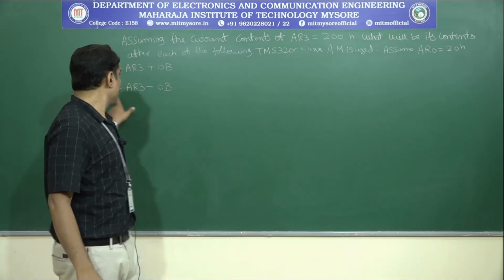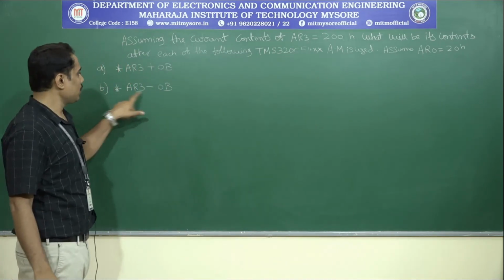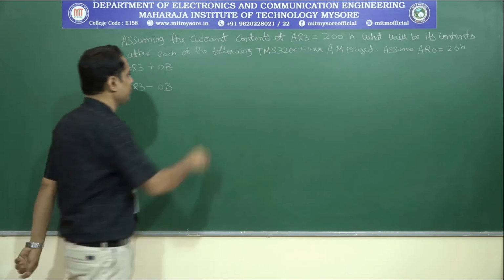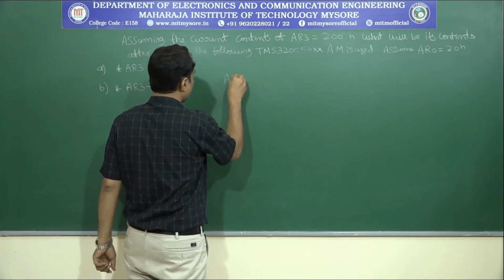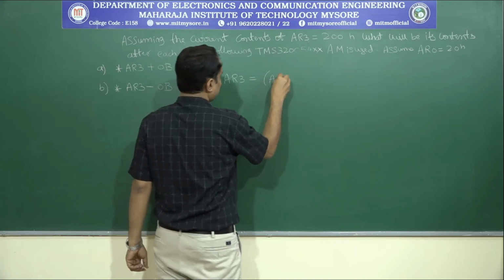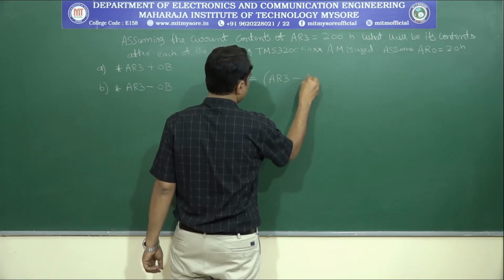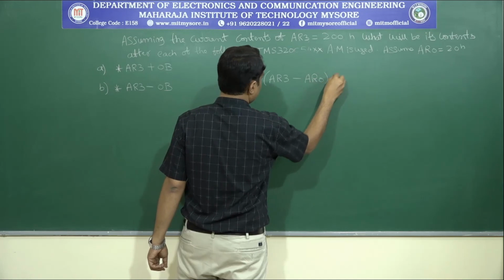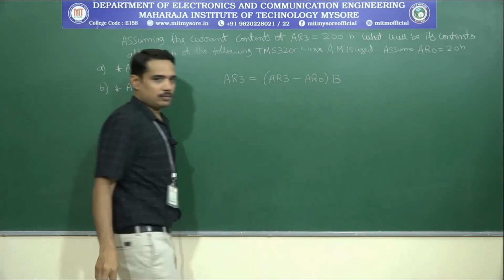Next, let us solve the problem B, that is star AR3 minus 0B. That means AR3 is equal to AR3 minus AR0 with respect to bit reverse addressing.